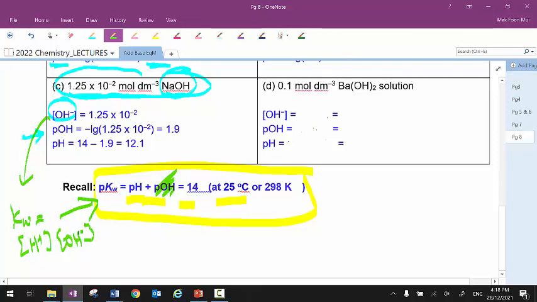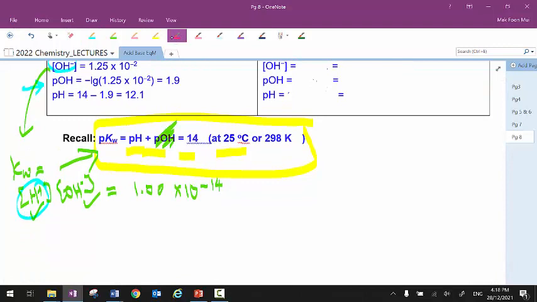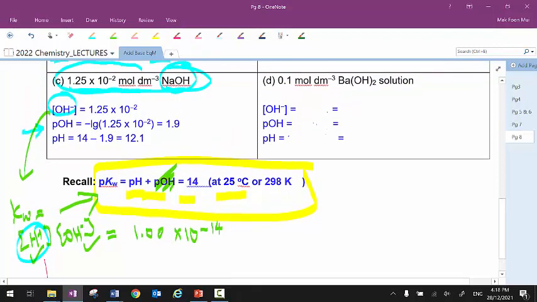If we know the hydroxide concentration, we can find the H plus concentration using the Kw constant, 1.00 times 10 to the power minus 14 at 25 degrees, and then we can find the pH value as well. So either we use the negative log to base 10 relationship, or we just use the Kw relationship.